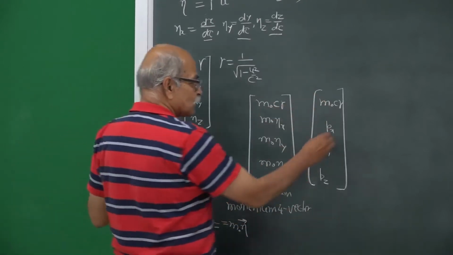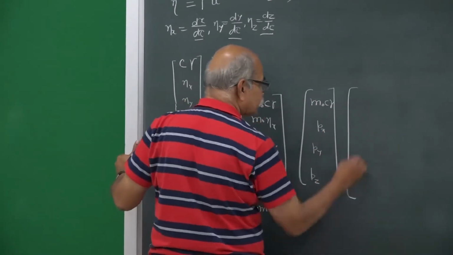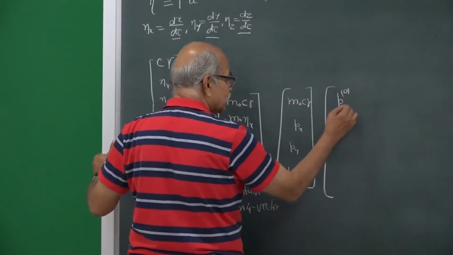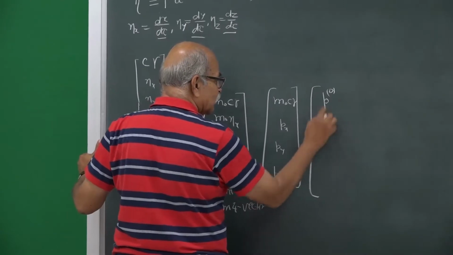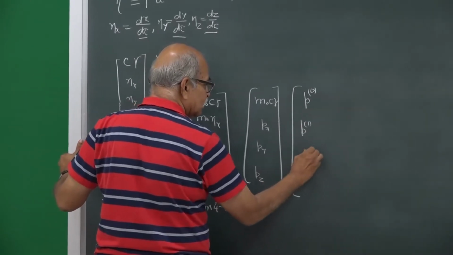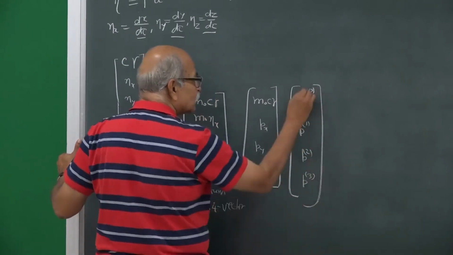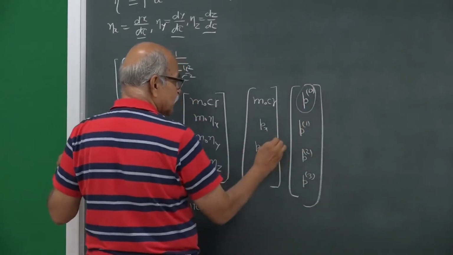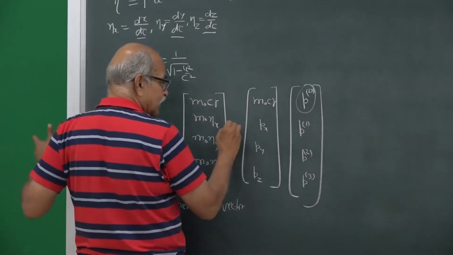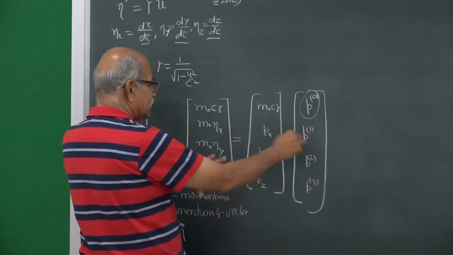You write it as the p 0th component in our standard symbol: 0th component, first component, second component and third component. So, the question is, what is this 0th component? These are all the same, just the symbols are different.